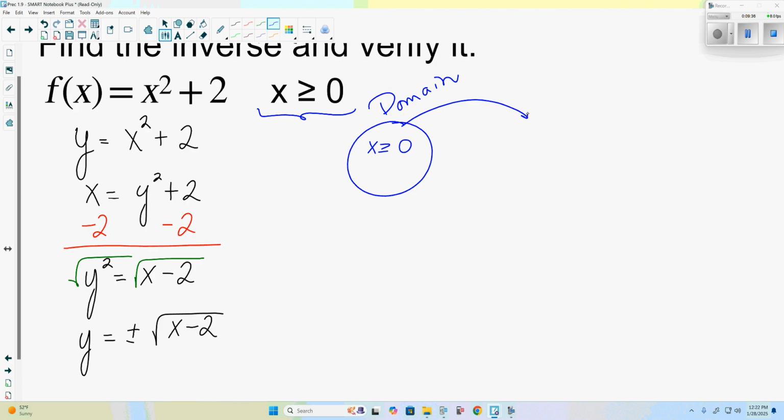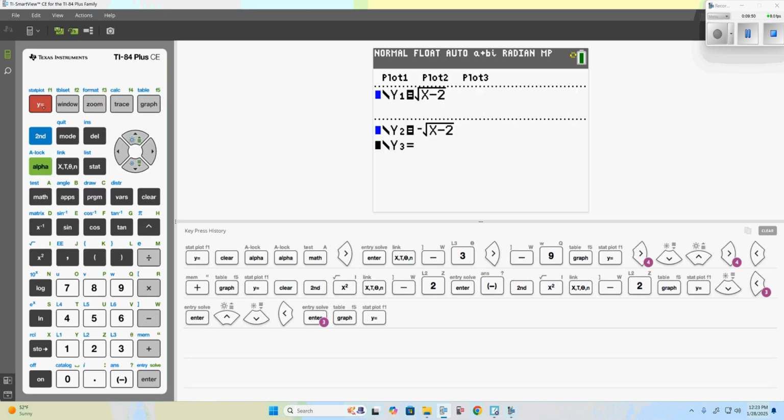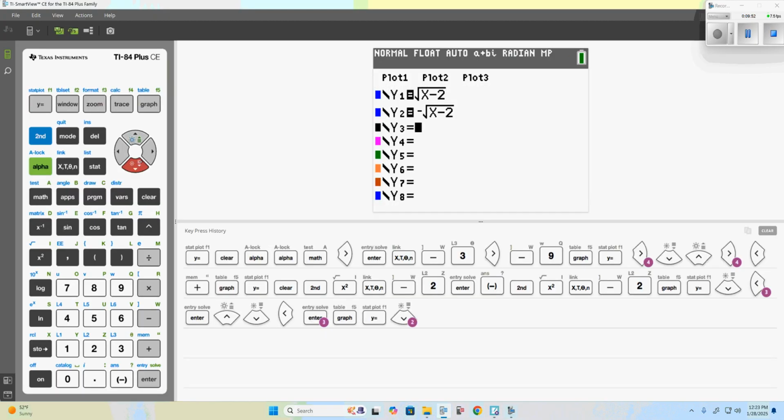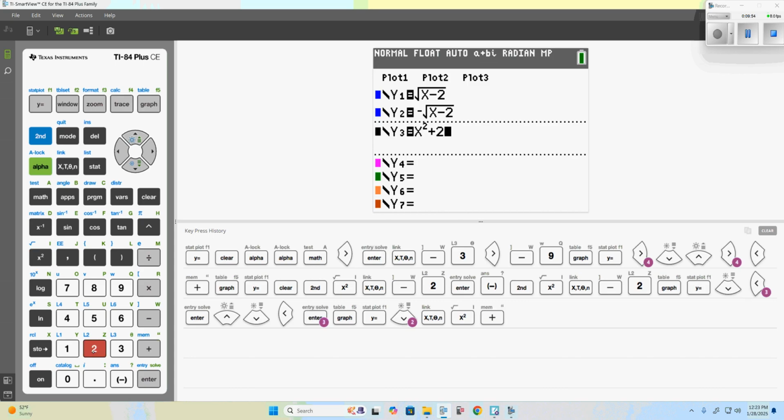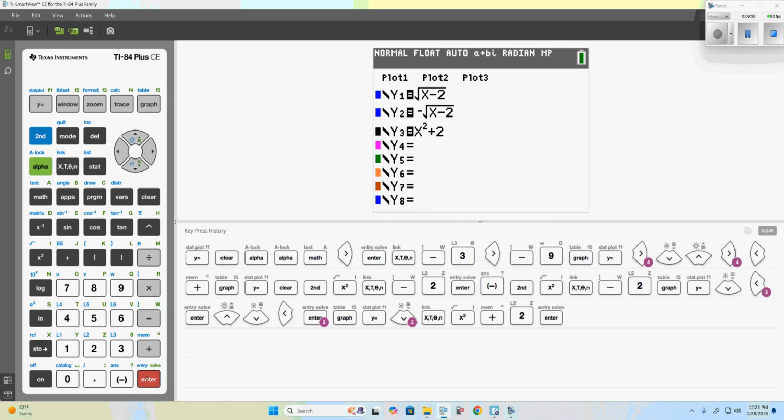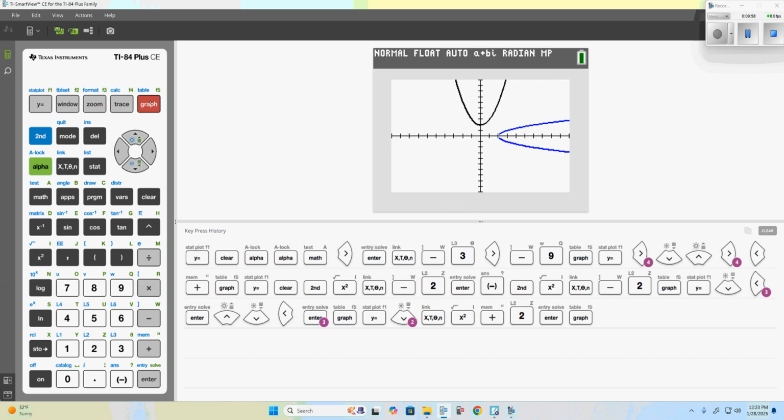And this x squared, our f of x, is going to map it to the range values. And our range values are our y values. Well, we're going to go down to x squared plus 2. Graph. So the graph in black is our normal equation, yes? Now let's look at the y values.